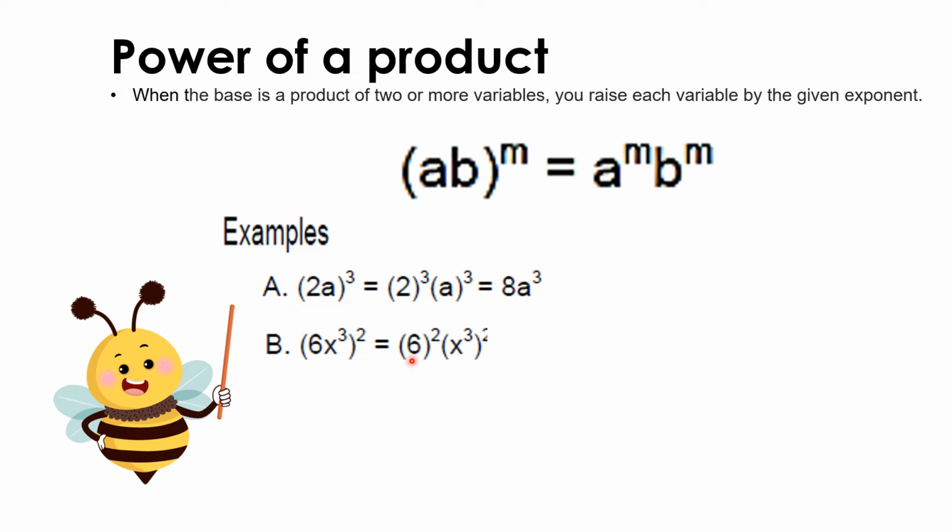So we have 6 raised to 1 raised to 2, that is 6 raised to 2, and 6 raised to 2 is equal to 36. Then x raised to 3 raised to 2, that is 3 times 2, that is x raised to 6. Therefore, our final answer is 36x raised to 6.